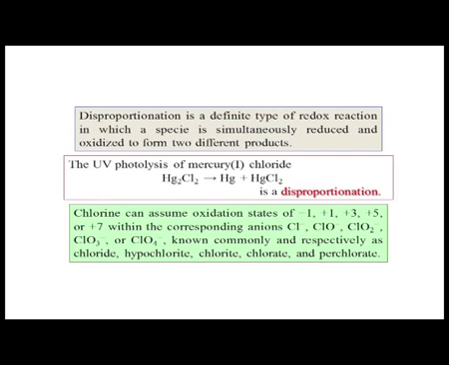That means the formation of the chlorite ion ClO2 minus, the chlorate ion ClO3 minus and the perchlorate ion ClO4 minus, where the number of electron transfer will be more than 1.